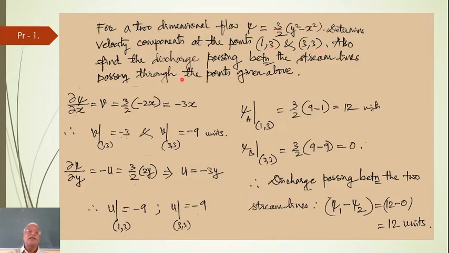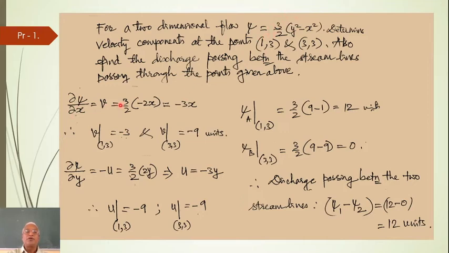Here psi is given. Now if I want velocity u and v, u is given by minus dou psi by dou y, if you remember, and v is given by dou psi by dou x. So dou psi by dou x is v. I'll differentiate this with respect to x, that gives you v.